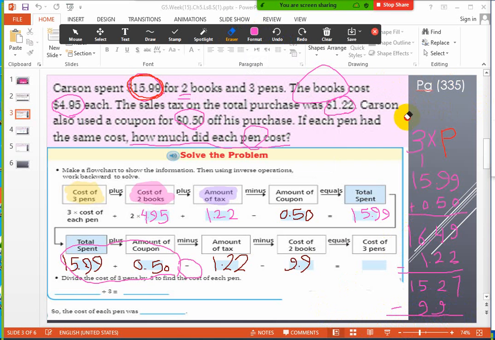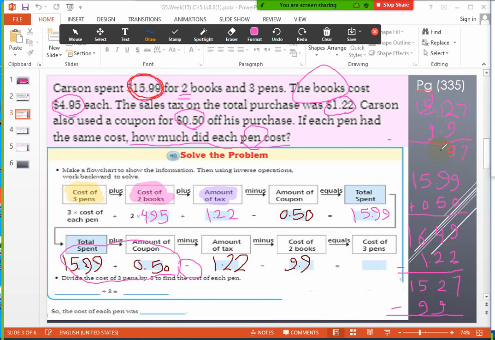Okay, girls, I will write it here because I think you can see it down. So it will be 15.27 minus 9.9. Let's subtract. 7 minus 0 equals 7. 2 minus 9, I have to borrow from the 5, it will be 4, and this 2 will be 12. 12 minus 9 equals 3.